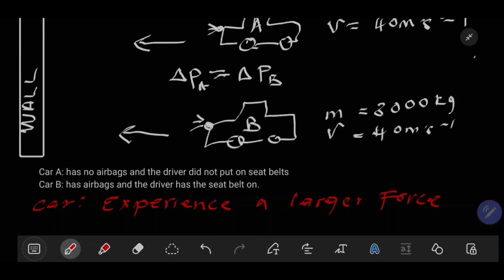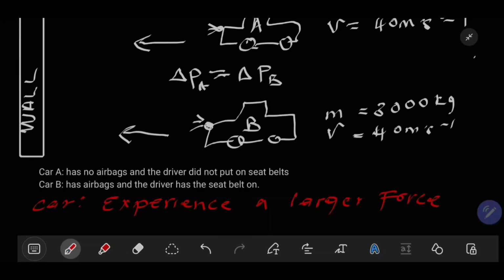Hence, if you did not put on your seatbelt and the car has no airbags, there are greater chances that you sustain injuries. For car B, because it has airbags and the driver had put on the seatbelt, when the car immediately hits the wall and comes to a stop, the driver will stop over a longer period because of the effect of the seatbelt and the airbag.